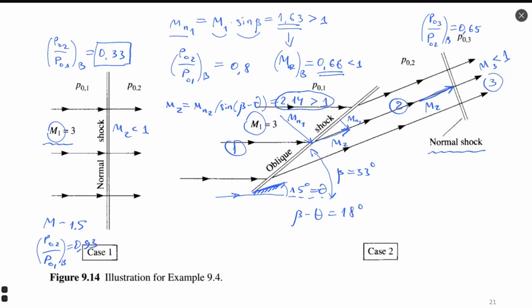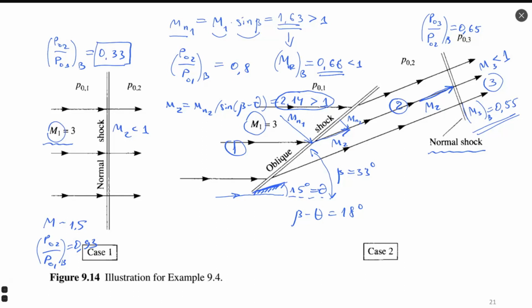And the Mach number M3, according to appendix B, would be 0.55. 0.55 is subsonic, right? It should be subsonic, because a normal shock wave can produce only subsonic flow after. Okay, this one is subsonic.